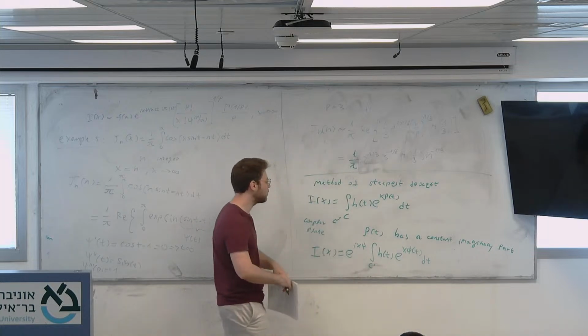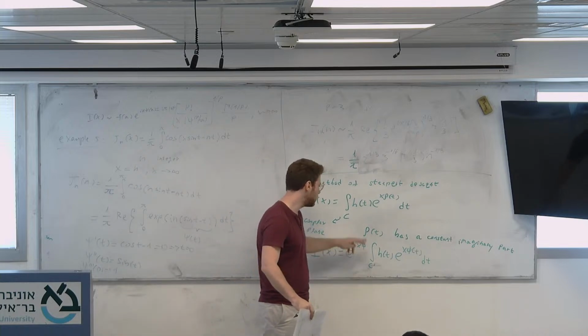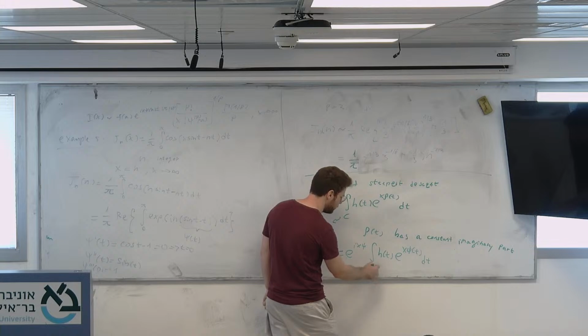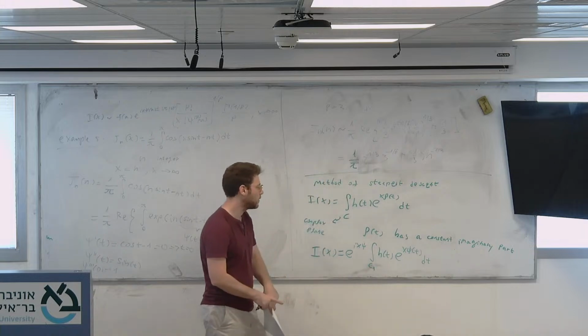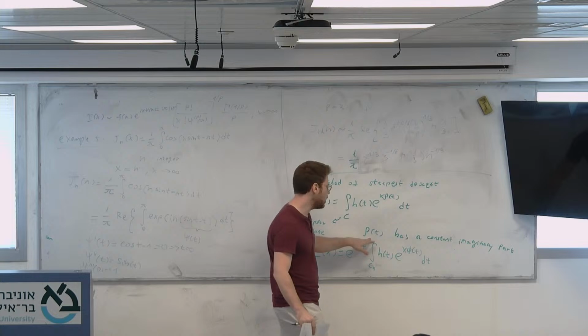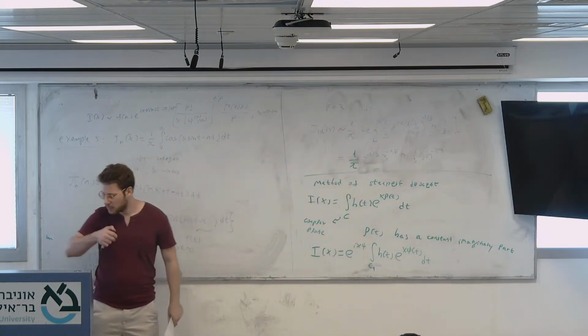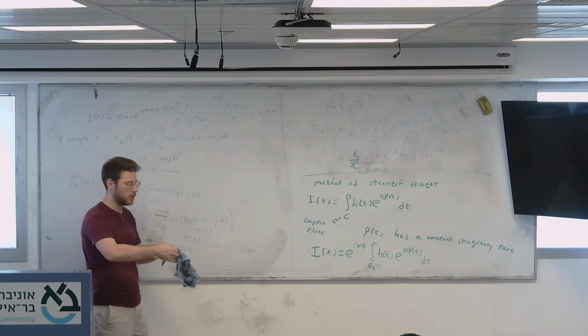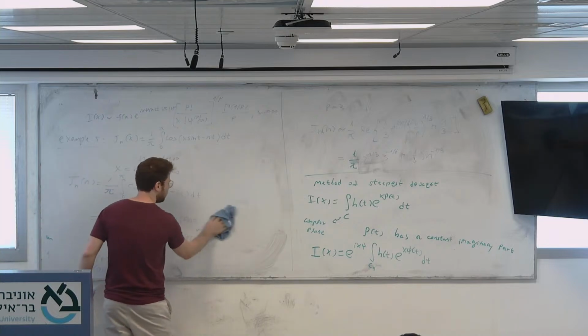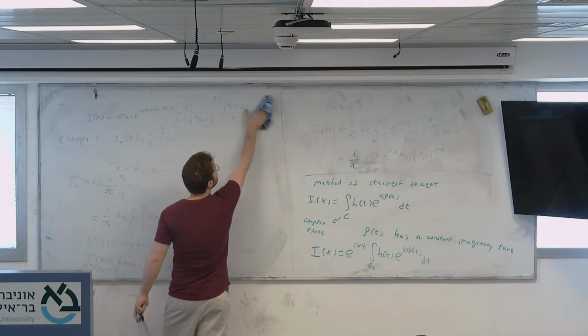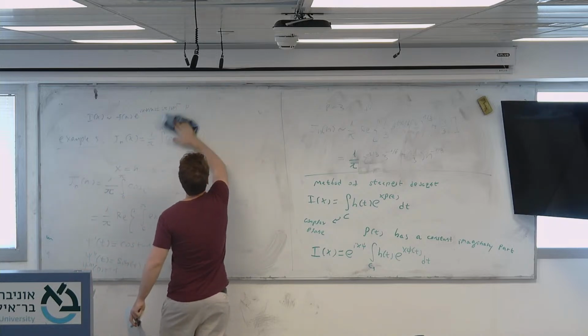Okay, so the idea is we switch from C to C prime, or C1, whatever. And we switch it in such a way that rho of t has a constant imaginary part, so you can take it out. What's interesting about this is how you shift the contour.